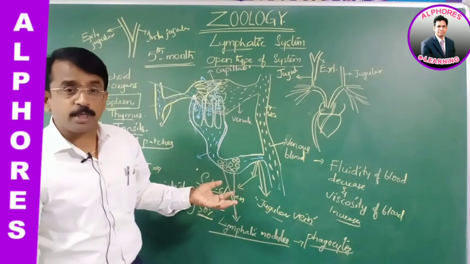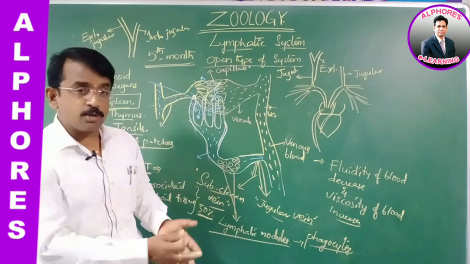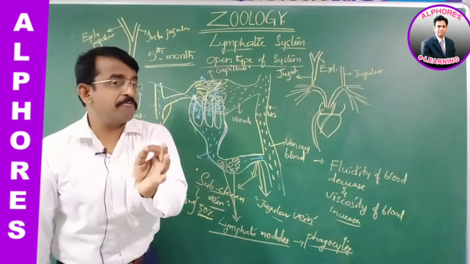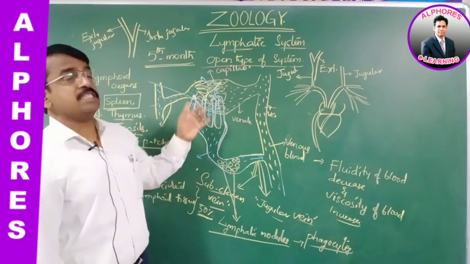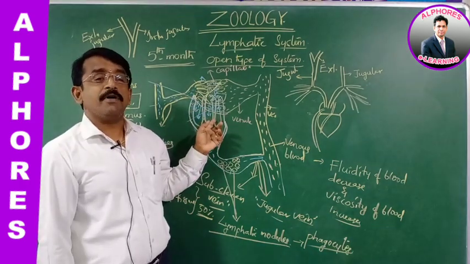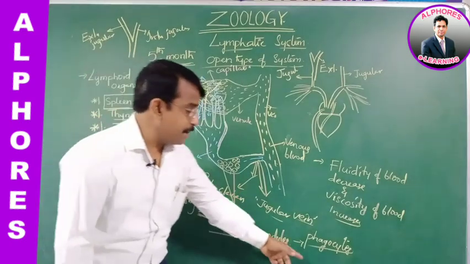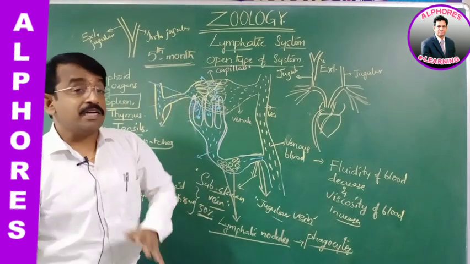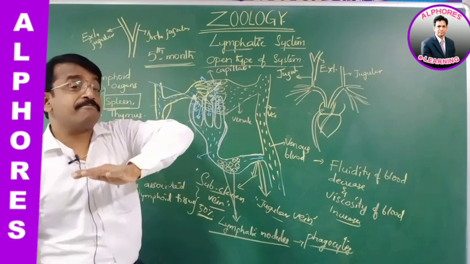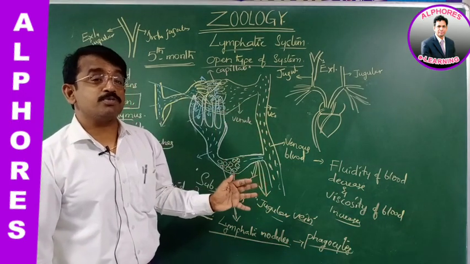Lymphocytes are phagocytic in nature. What do you mean by phagocytes? Killing bacteria. So the microorganisms that enter the lymph are destroyed by phagocytes. This is how it protects the body and makes the lymph free from microbes.